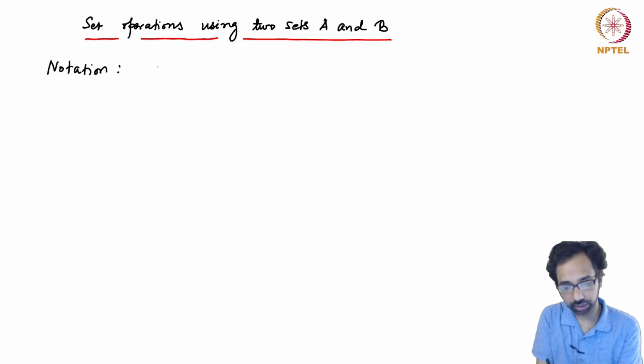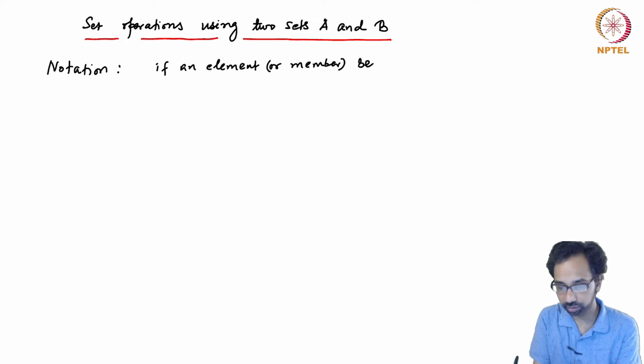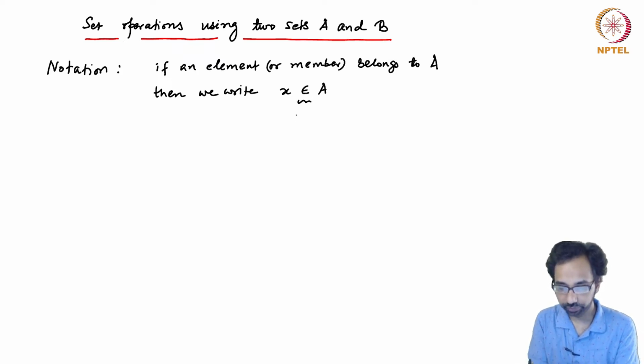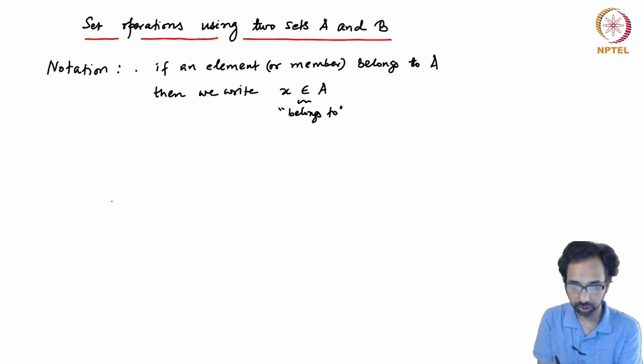The first one is that if an element or member, where element just means a member of a set, belongs to some set A, then we write x belongs to A. This notation stands for belongs to.